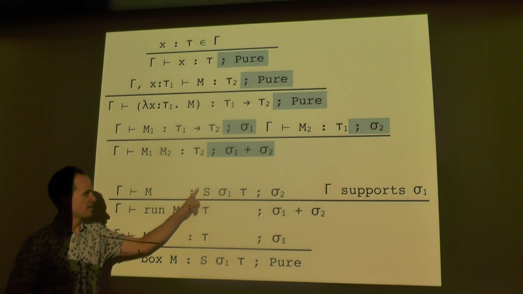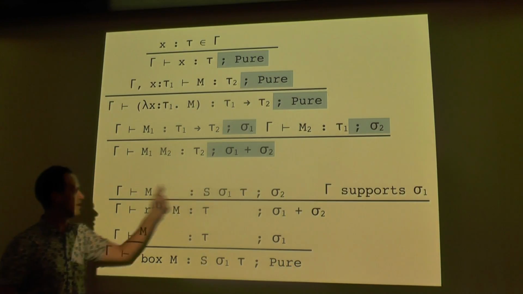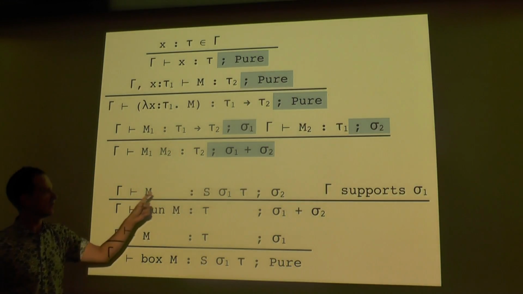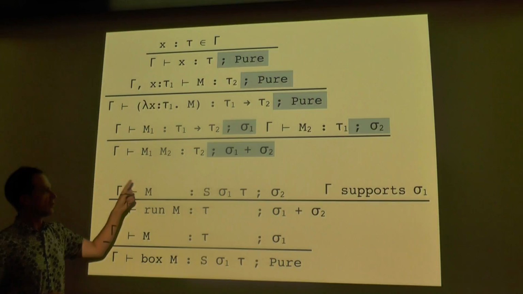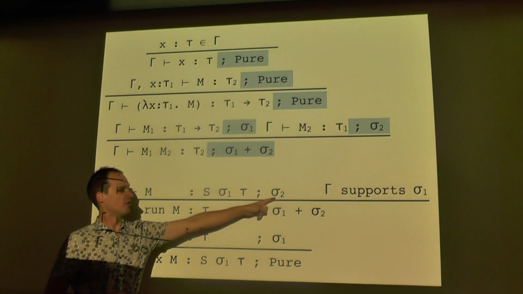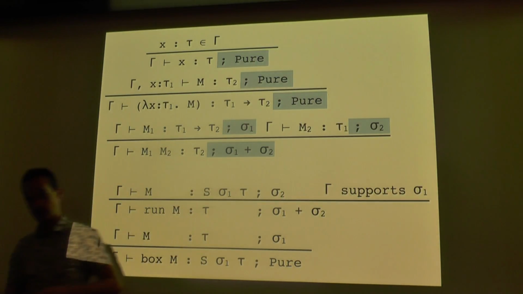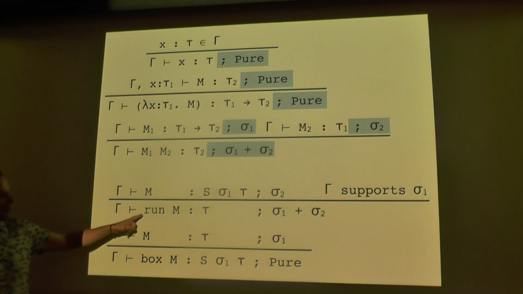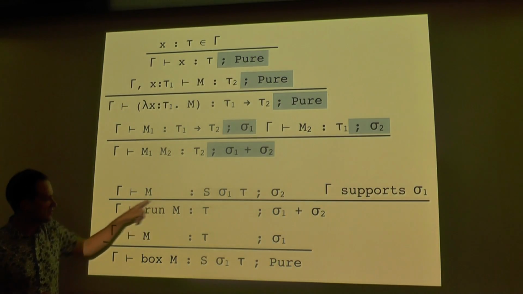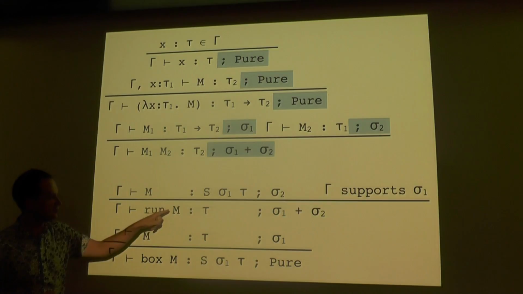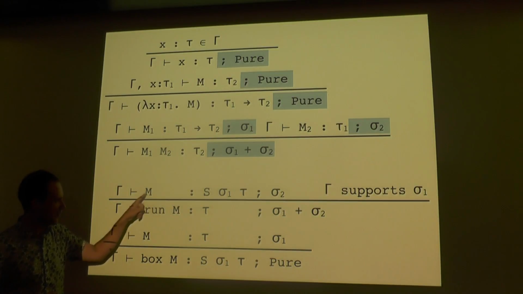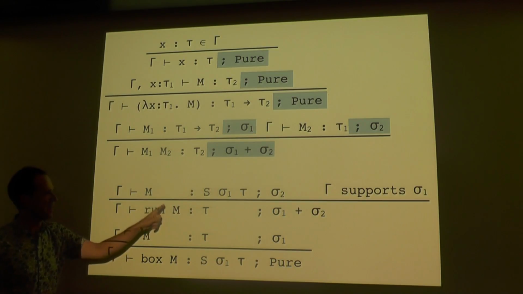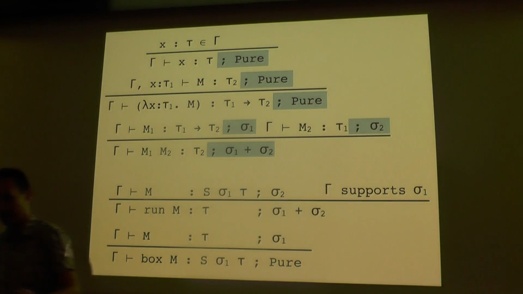That's the type of the value that's returned by this expression. And then to compute that value, it might perform some other effects sigma 2. So what's the effect of this overall expression? Well, it's the effect of working out the suspended computation plus the effect of actually running it.